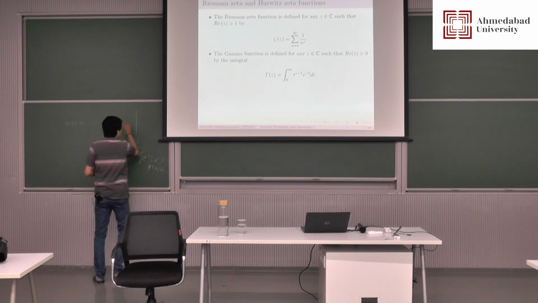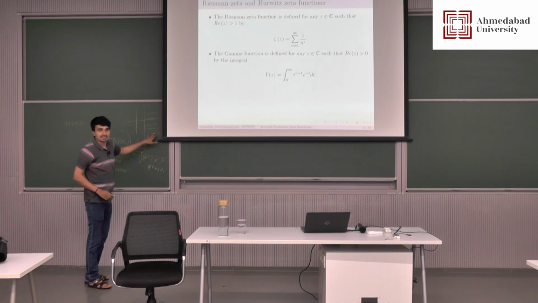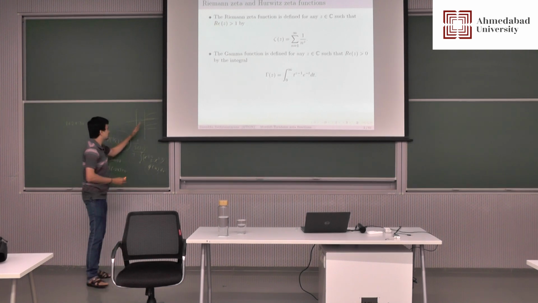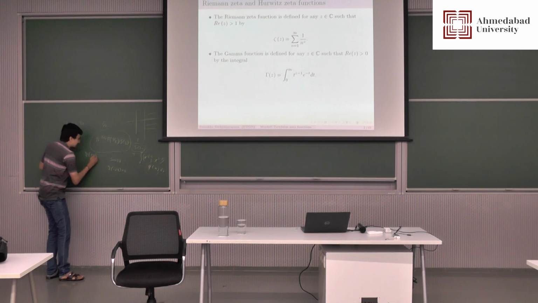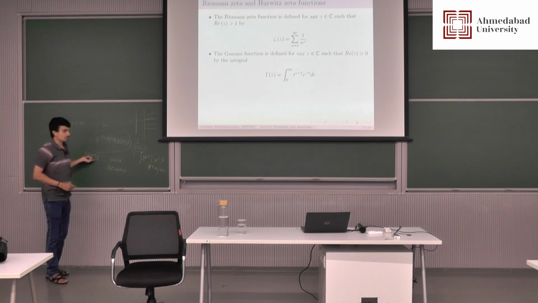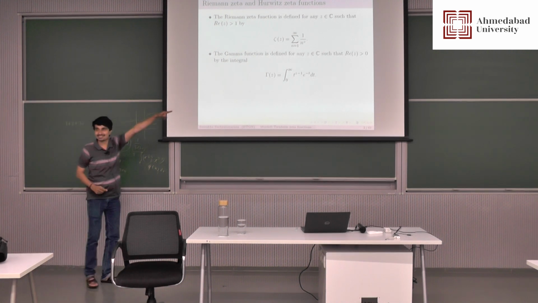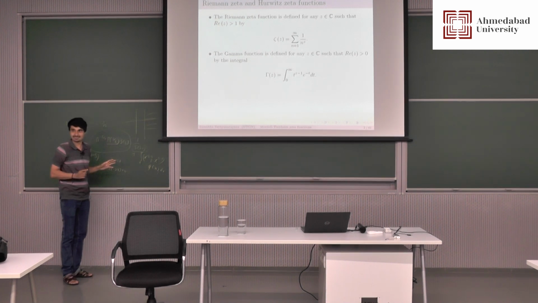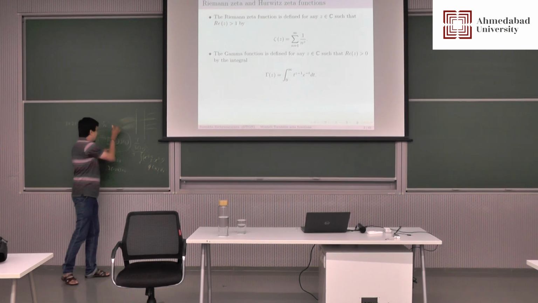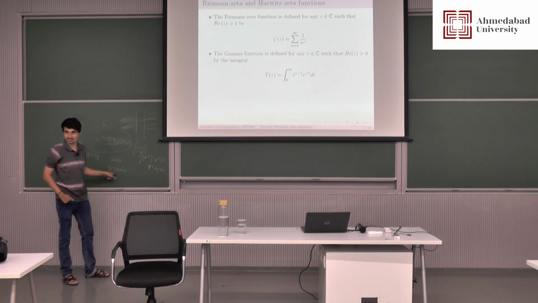But zeta of s and zeta of 1 minus s are related, right? So by this, zeta would have a zero in the region greater than 1. That cannot happen. So the only place where it can happen is given by these gamma factors. So the only zeros to the left of 1 are nothing but zeta of minus 2k.